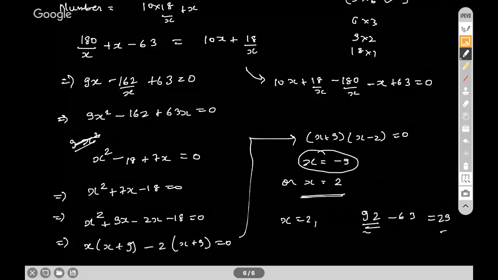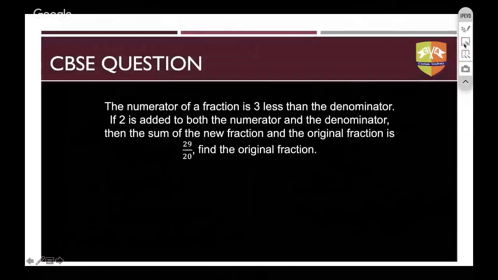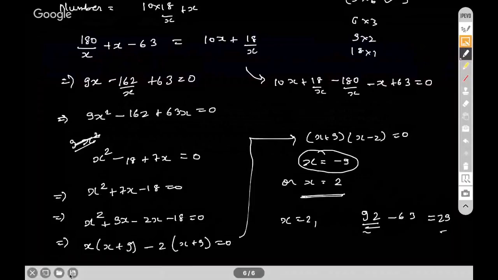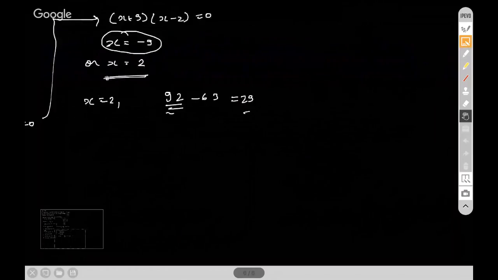So let us solve another. Now, quadratic equations for solving problems on time and distance. So we'll take up one time and distance problem also. This is also very commonly asked. Let me use this space.